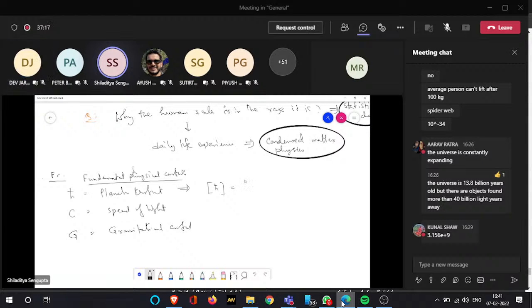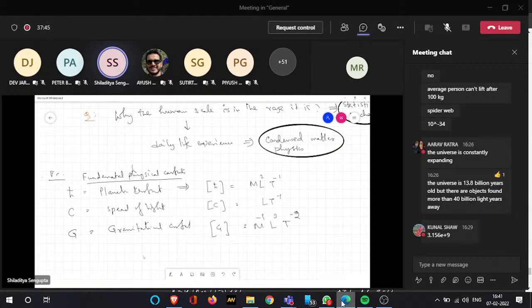So this is the dimension of angular momentum, and in terms of the fundamental mass, length, and time units, this is joule second. Similarly, c has the dimension of velocity, and for the gravitational constant, you can work out its dimension from Newton's law of gravitation.